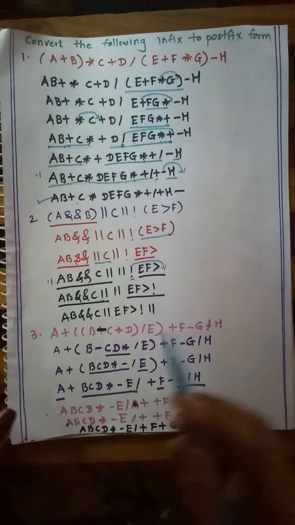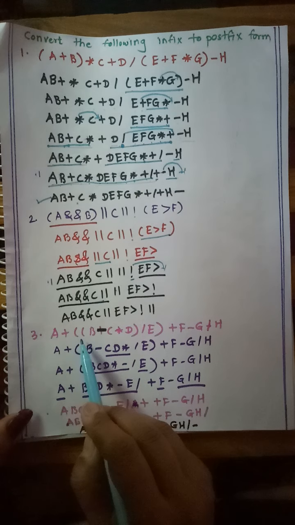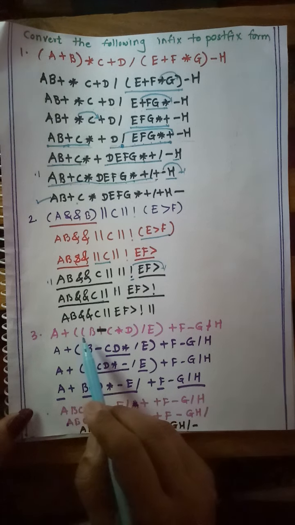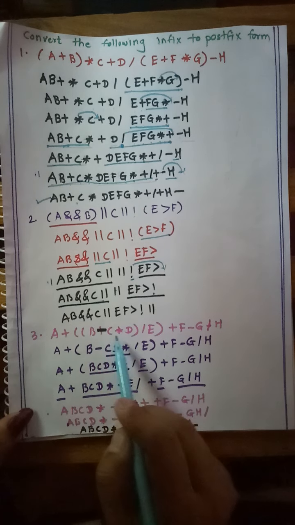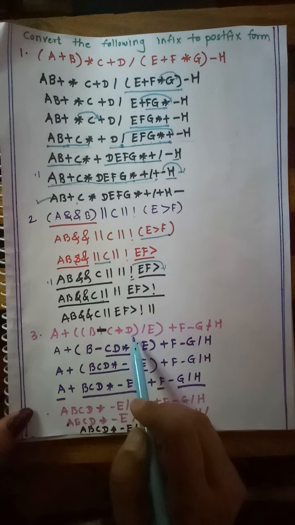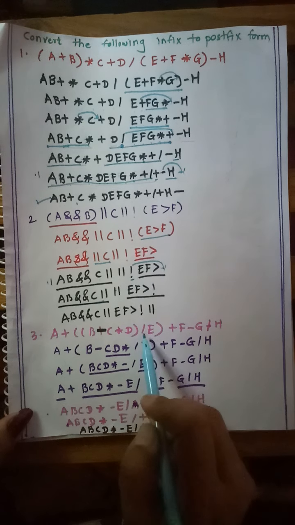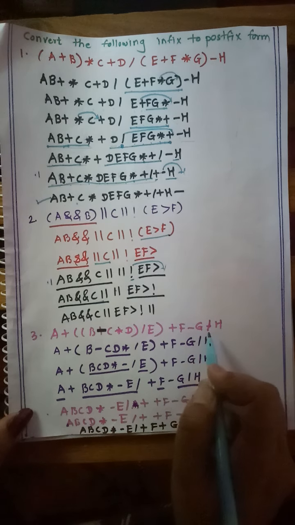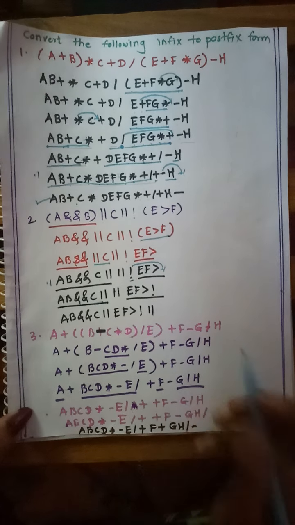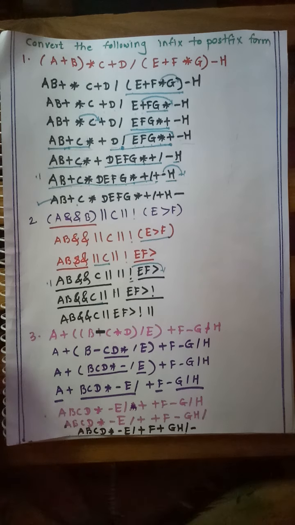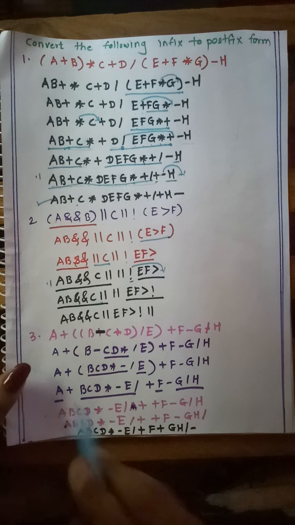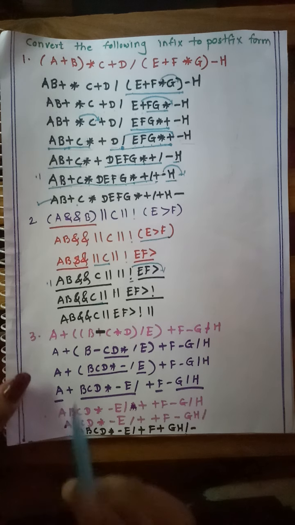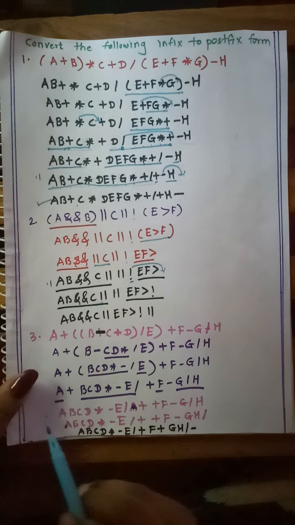Now look at the third example. The third example is A plus, two brackets, B minus C star D, closing bracket, minus slash F, closing bracket, plus F minus G slash H. How to convert this expression into postfix form?